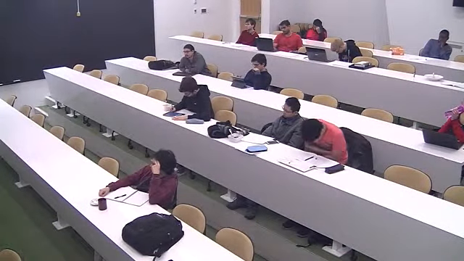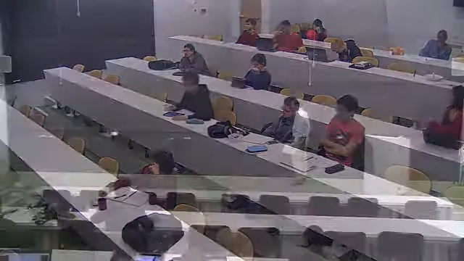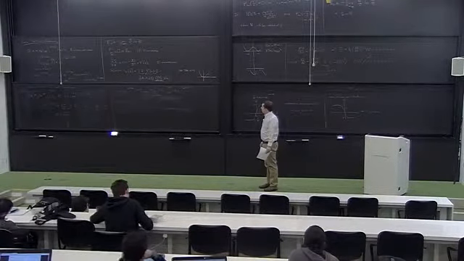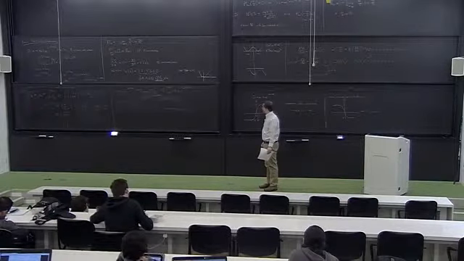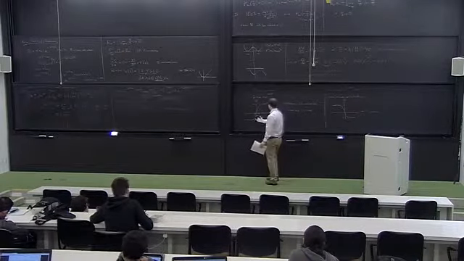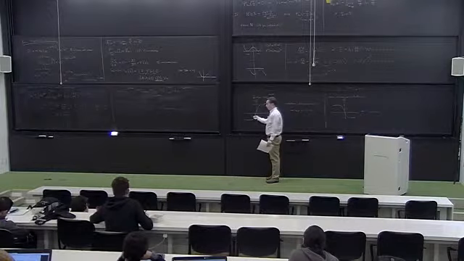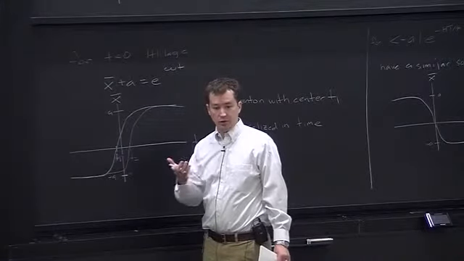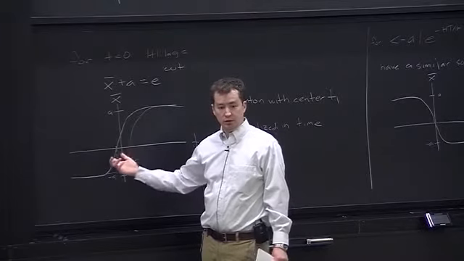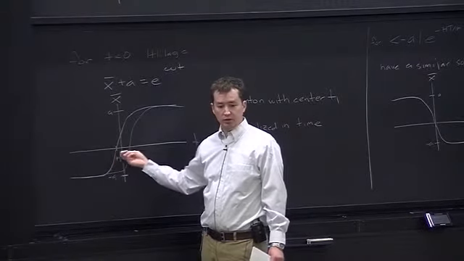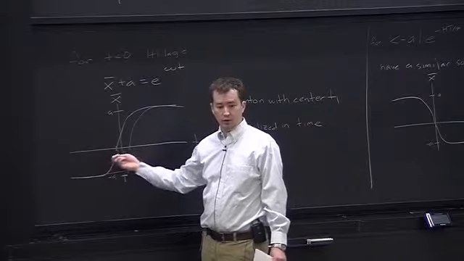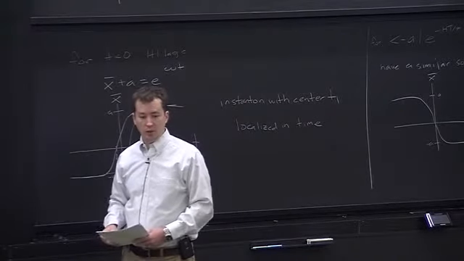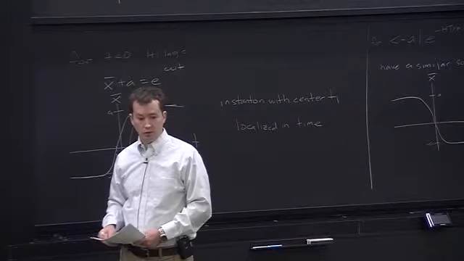Another way to see it is that this is a direction in function space, the function x of t, that doesn't change the action. If there's a direction in function space where the action doesn't change, that means there will be a zero eigenvalue.